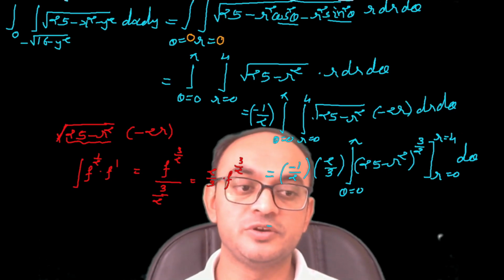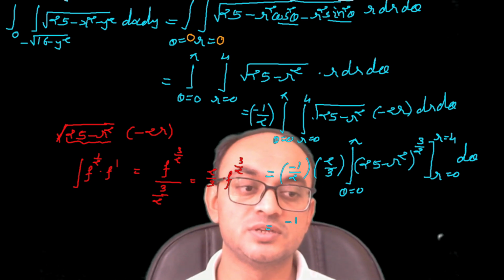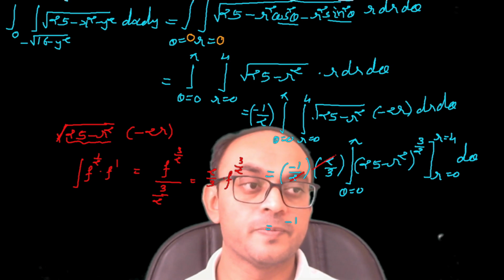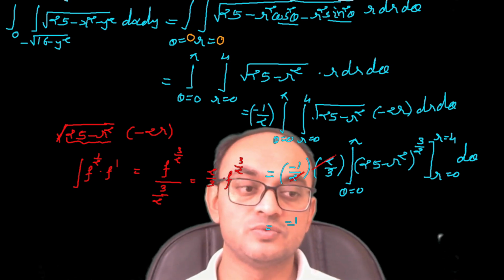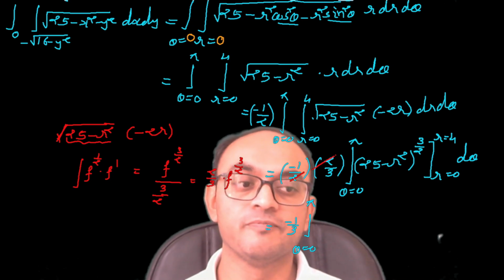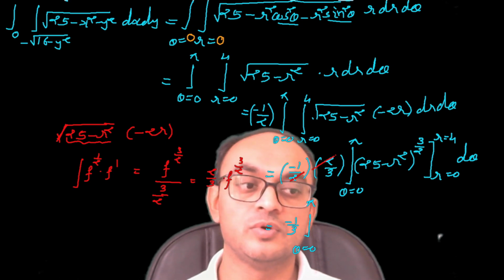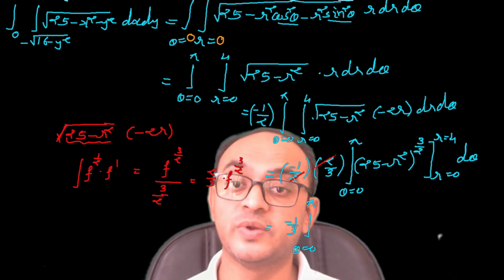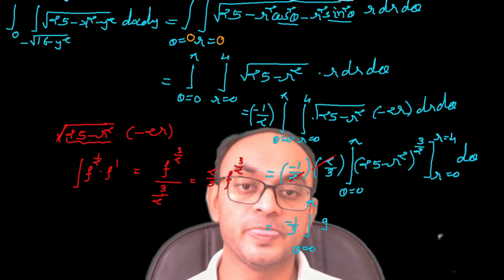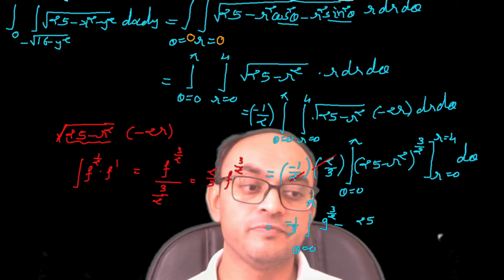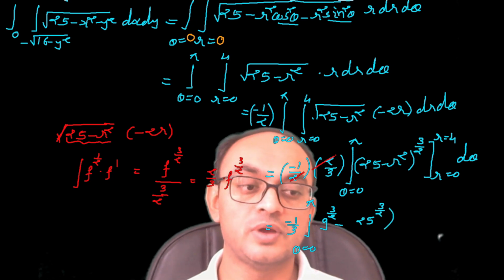Now let us substitute the values of r. You can cancel out 2 and 2. So this is minus 1 upon 3 integration theta equal to 0 to pi, when r is equal to 4, 25 minus 4 square is 16. So 25 minus 16 is 9, 9 raised to 3 upon 2, minus, when r is equal to 0, it is 25 raised to 3 upon 2, d theta.